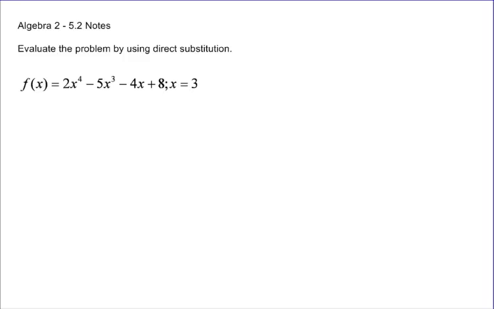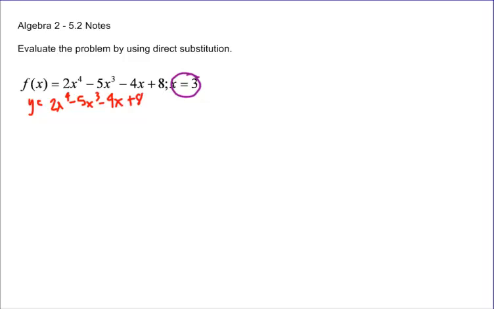Okay, for this example, we want to evaluate this problem using direct substitution. In other words, if we look at the graph of f of x equals 2x to the fourth minus 5x cubed minus 4x plus 8, we're saying, if I graph y equals all of that, I'm really interested in what goes on when x is 3.